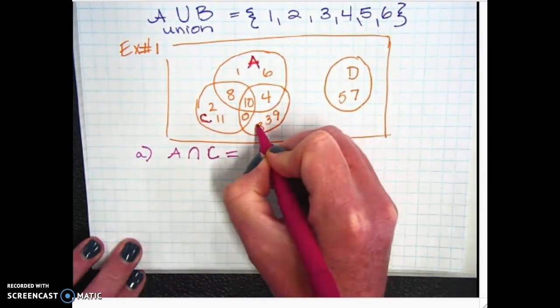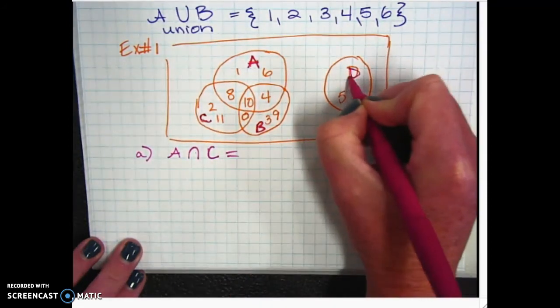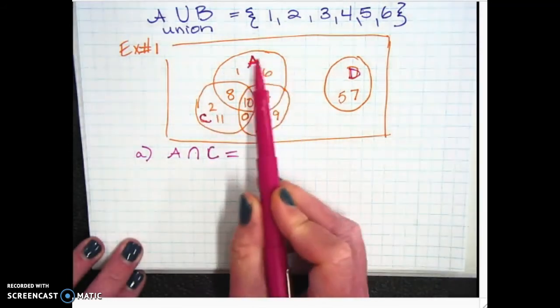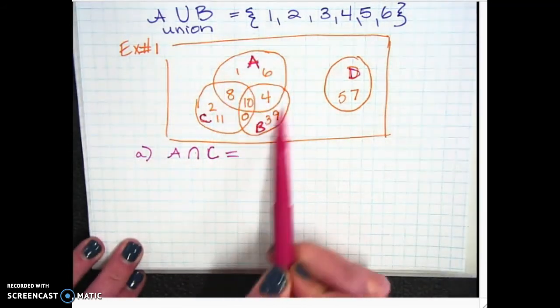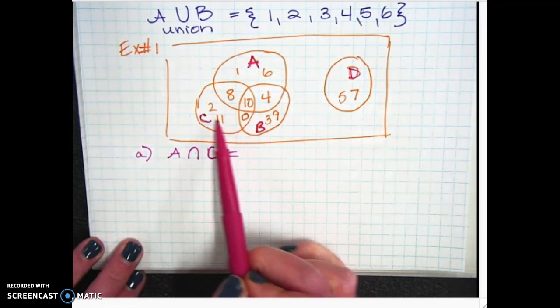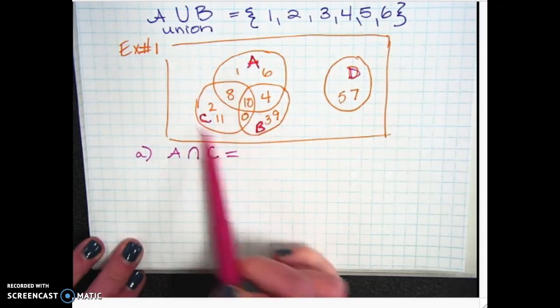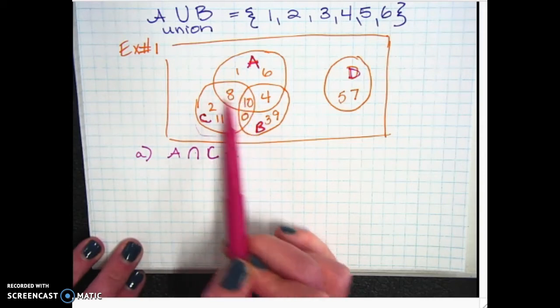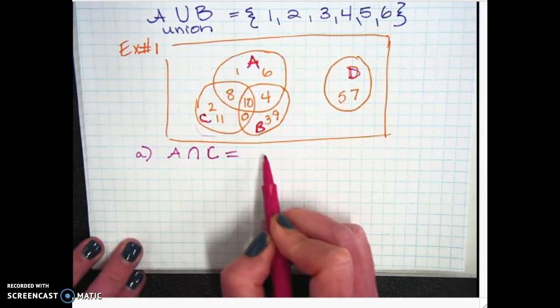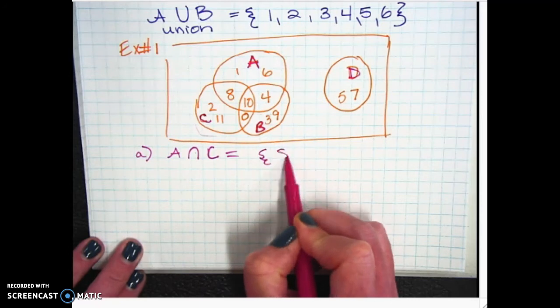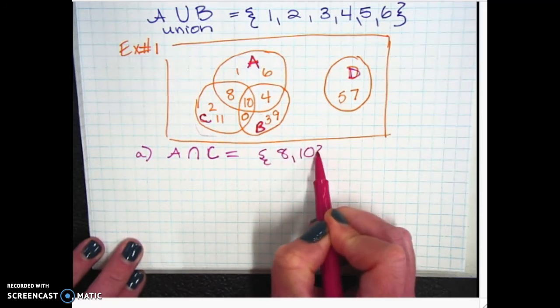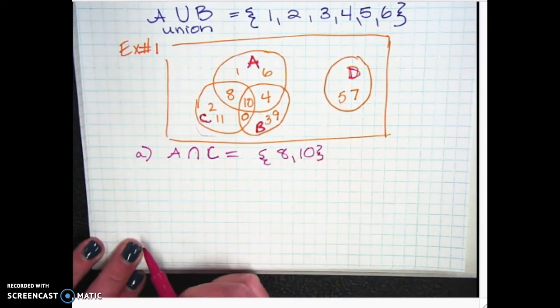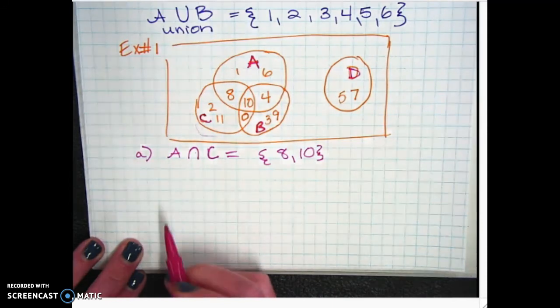Here's A, here's C. So here's A right here. A includes everything, even that's overlapping in here. And here's C, includes everything that's even overlapping in here. So you should be able to see that the intersection should be the set of 8 and 10. And they do those fancy, what they call braces.